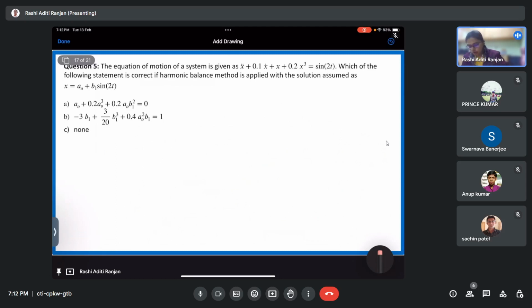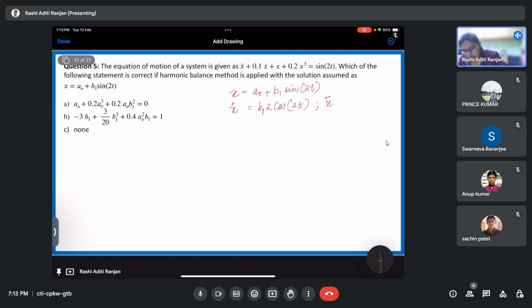As given in the question, we have x equals a naught plus b1 sine of 2t. Then x dot is minus b1 times 2 cos of 2t.